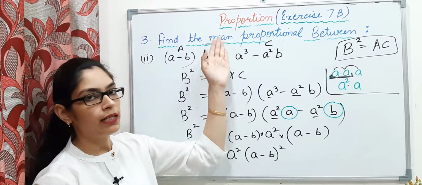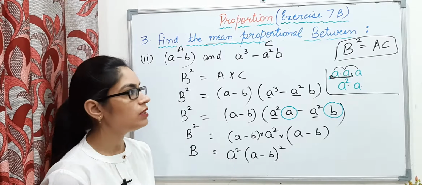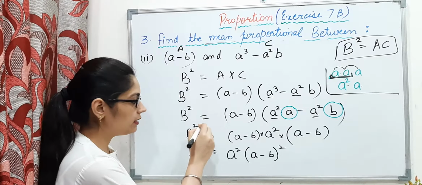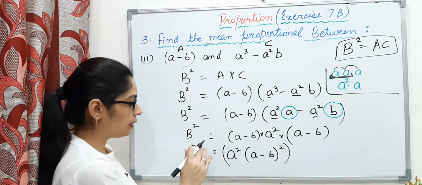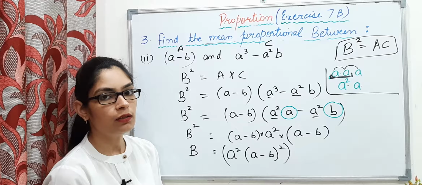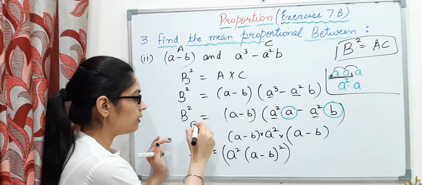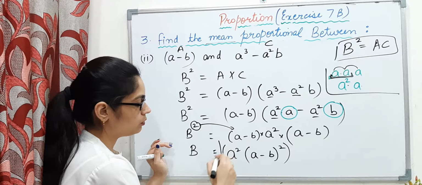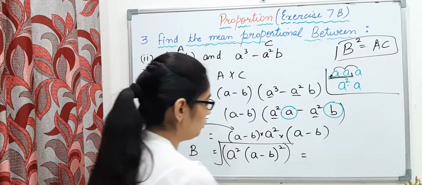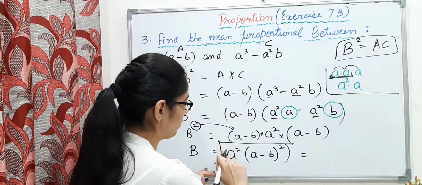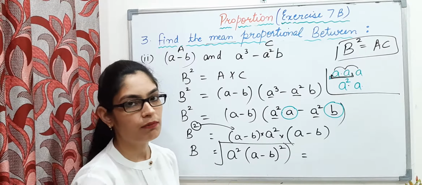Now we just have to find the mean proportional. Mean proportional means b we have to find. So here this square is also there. The square also we have to shift to the other side, because we need b, not b square. So this square, when we shift to the other side, will change to square root. We know the meaning of square root is power 1 by 2.